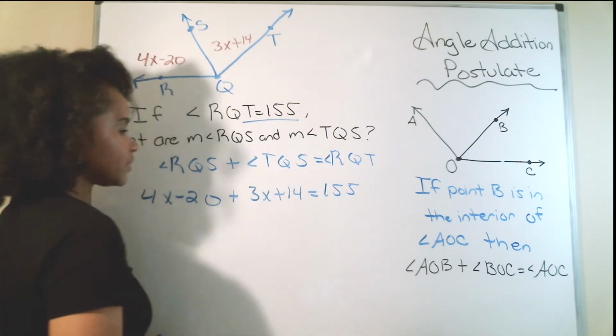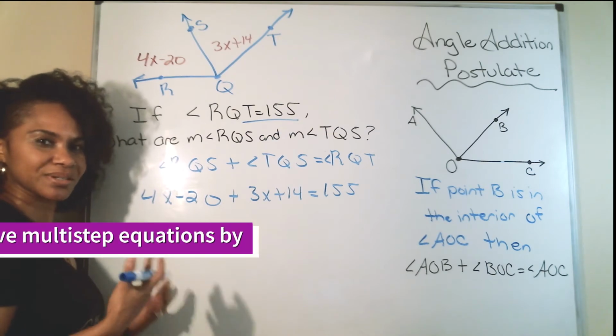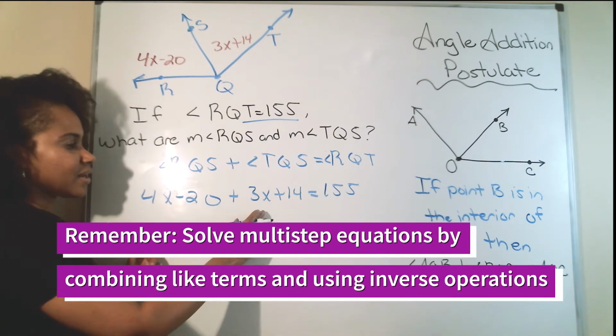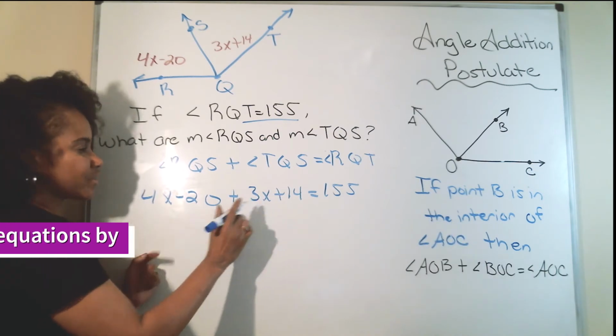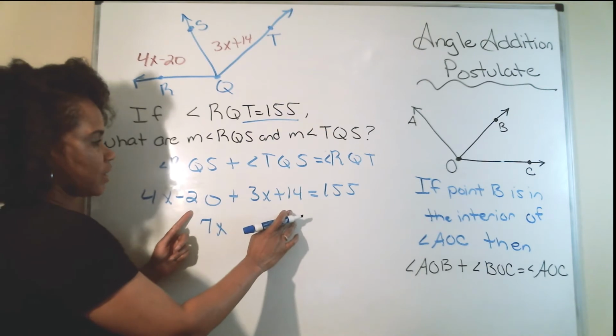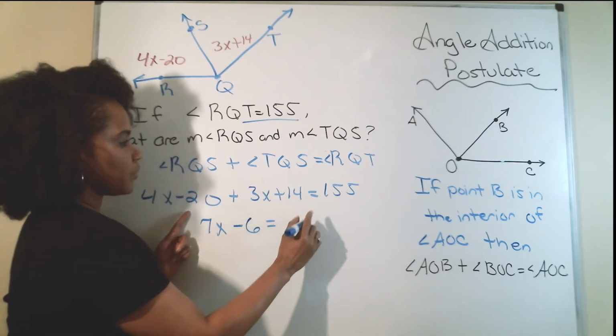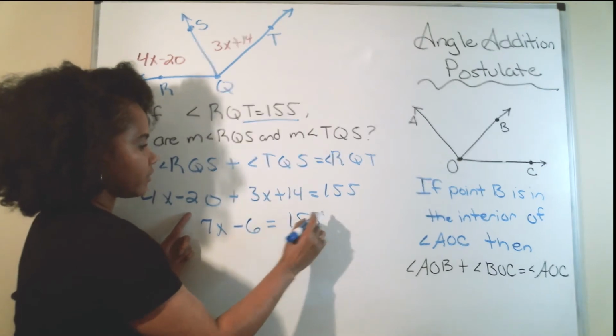I just solve this using algebra skills, combining like terms: 4x and 3x is 7x, and negative 20 plus 14 is negative 6. And I bring down that 155.